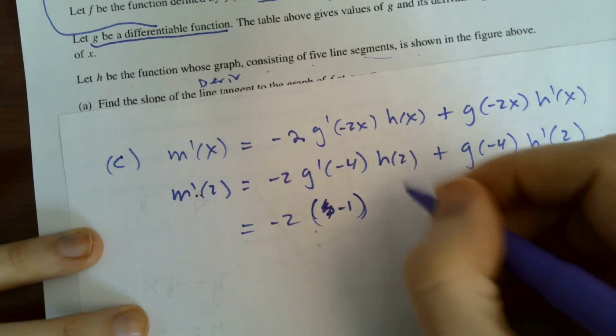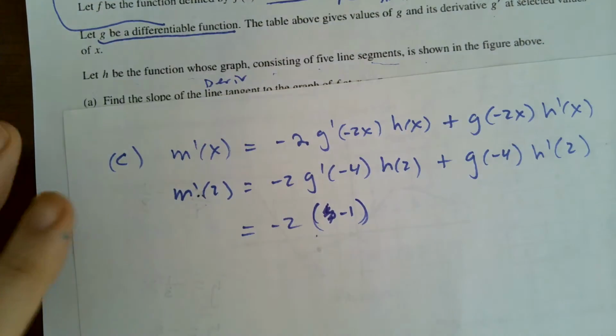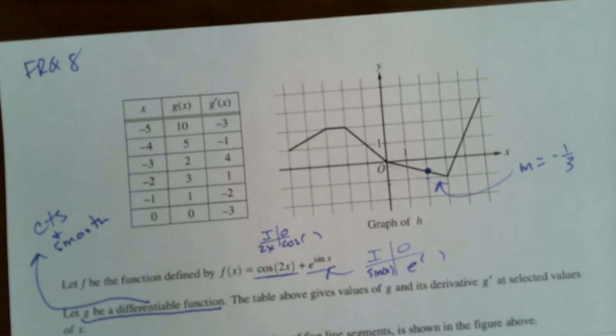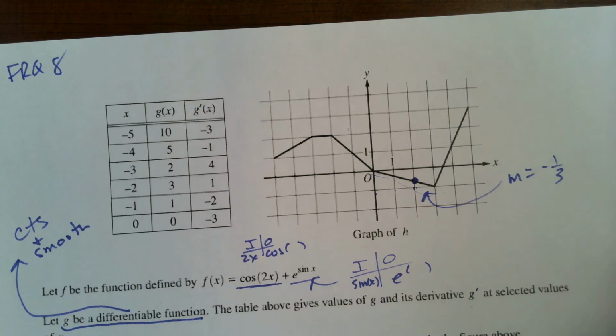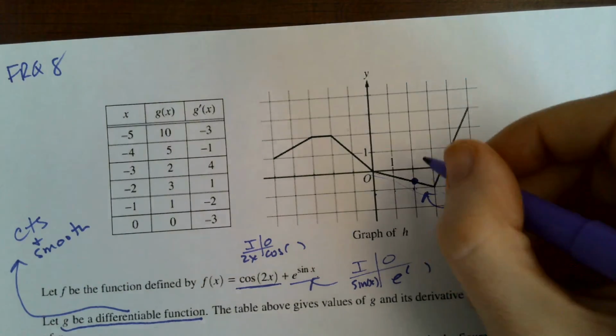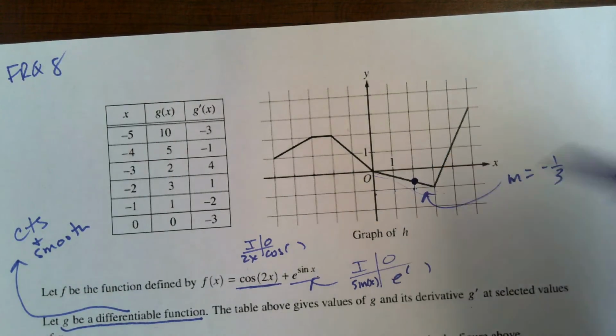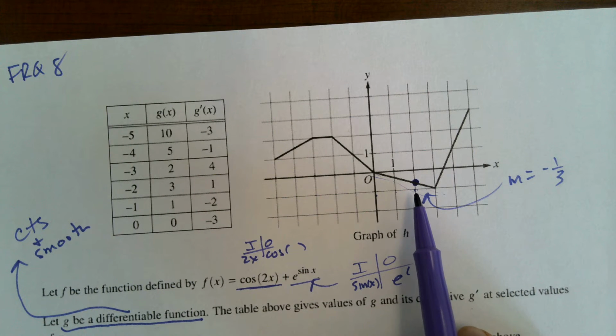Now, h of 2. Guys, for h of 2, we look at this picture here. H of 2 is that y value. There's actually a couple of ways to find this y value for that point.